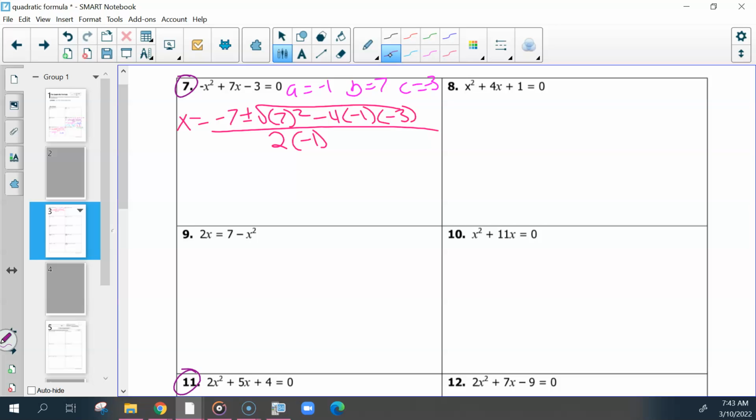Simplify the number underneath the square root, or your discriminant.